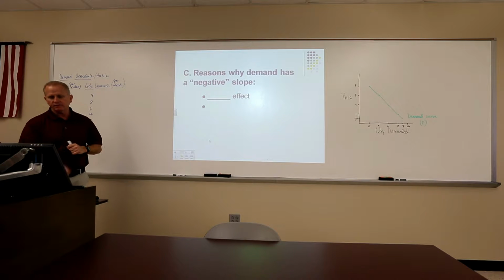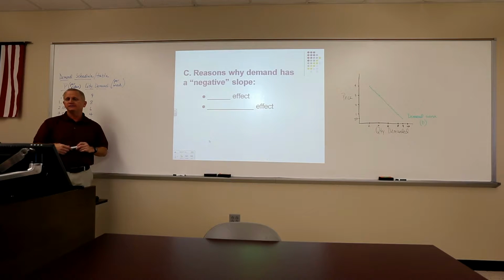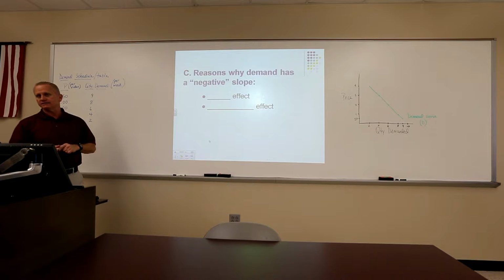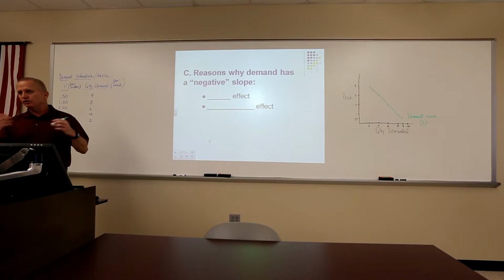The second effect is the substitution effect, and it has the same negatively inverse relationship as the income. They all do. Substitution means what it says. As you look at two goods that substitute for one another, you can buy more of the one that's lower priced than you can with the higher priced item. So my example is this.